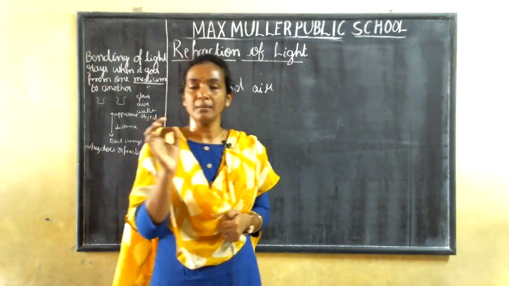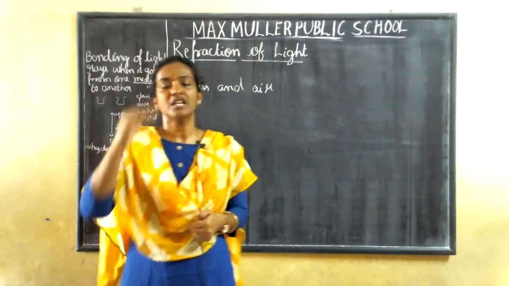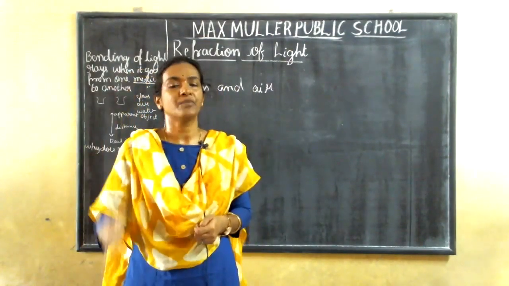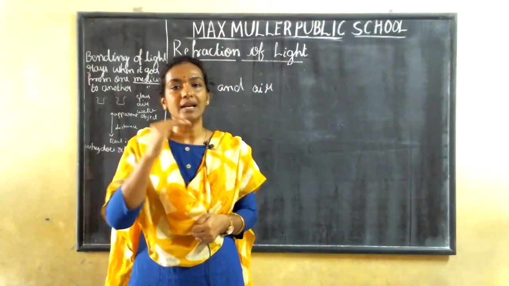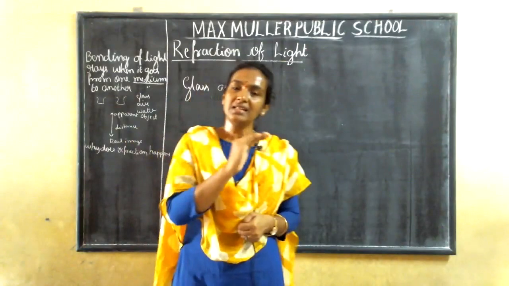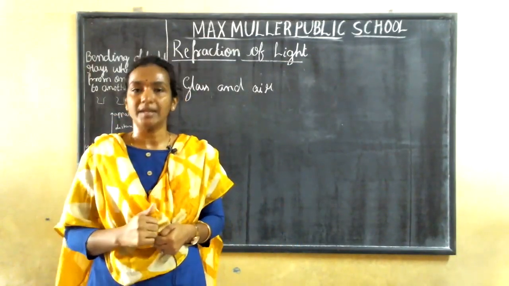For example, if you want to reach school at 9 o'clock, you want to reach at 9 o'clock only, not before nor late, isn't it? In the same way, light has one property: it doesn't reach before nor late.